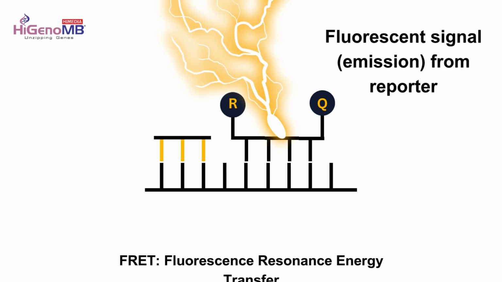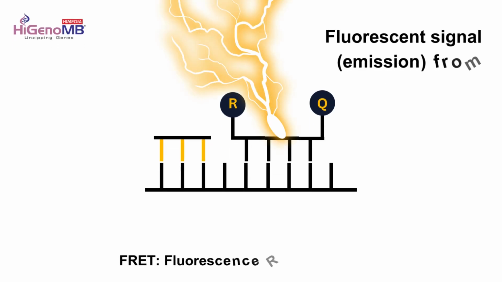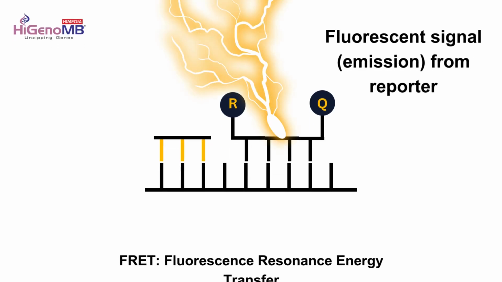But when the loop structure here, which I told you about, is complementary to your template, when this loop finds the complementary sequence in the template, it resolves this hairpin stem loop structure and it linearizes.